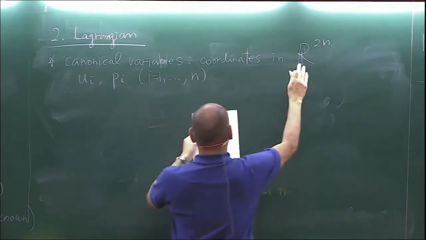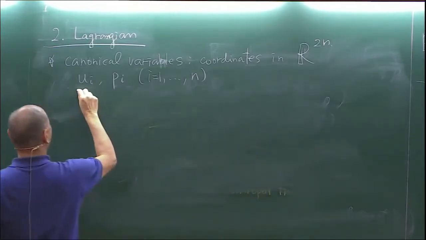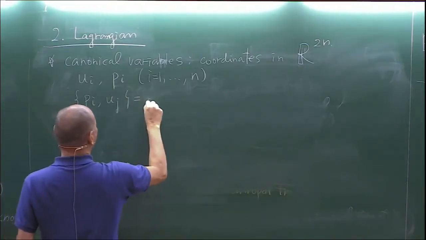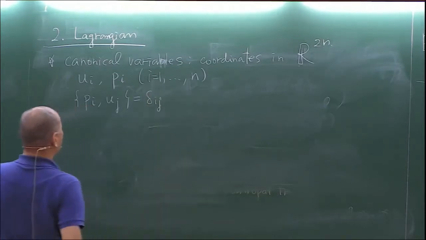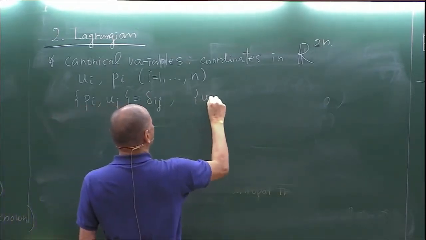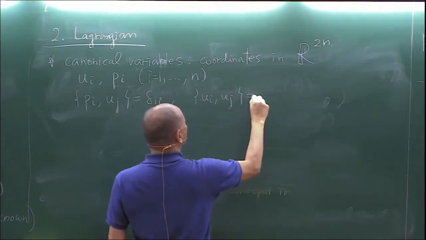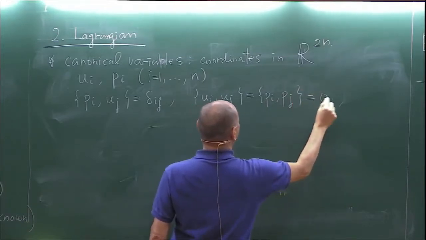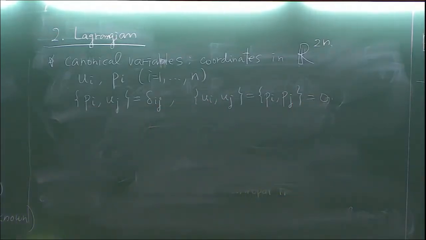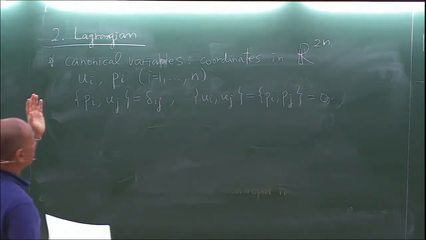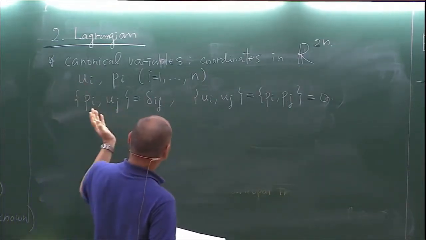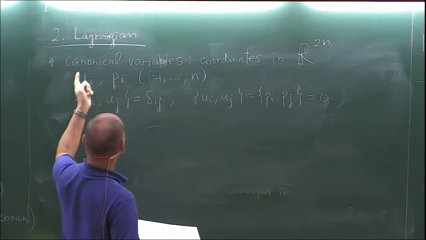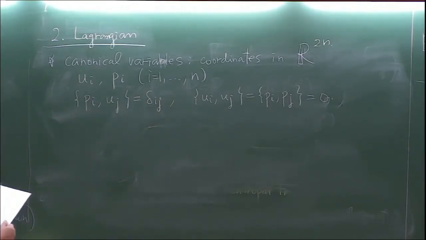Together they are the coordinates of these things. Canonical variables mean the Poisson bracket satisfies, in my convention, the following: delta is the canonical delta, and the brackets of u_i and p_i are 0. This is the definition. So let's consider variables satisfying this, as a definition of the Poisson bracket for functions of u and p.